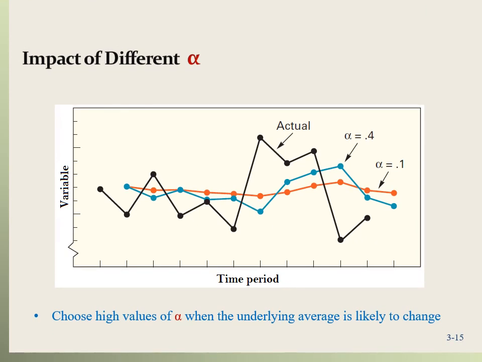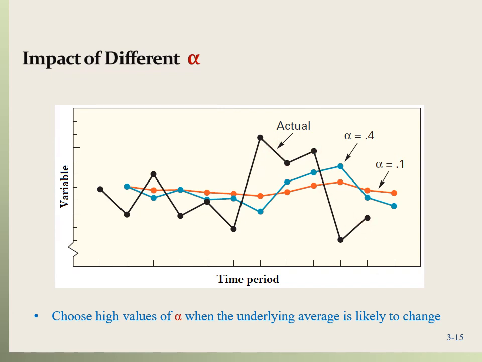The impact of different values for the smoothing constant alpha. In this chart that you see, the x-axis shows the time period, and the value for your variable, whatever it is, sales, whatever, is shown on the y-axis. The actual value in your data is shown by the black color chart, as shown here.